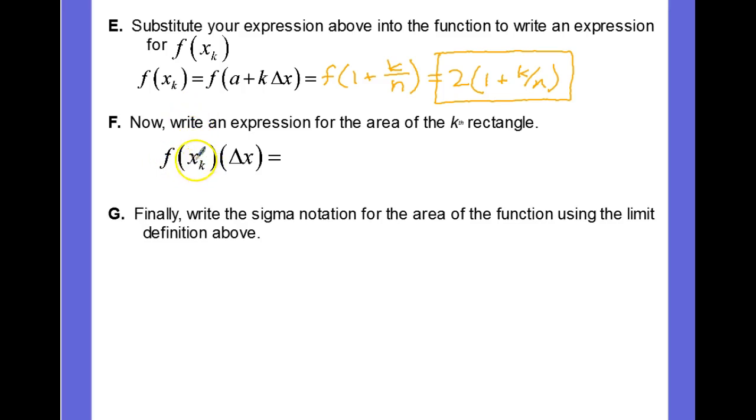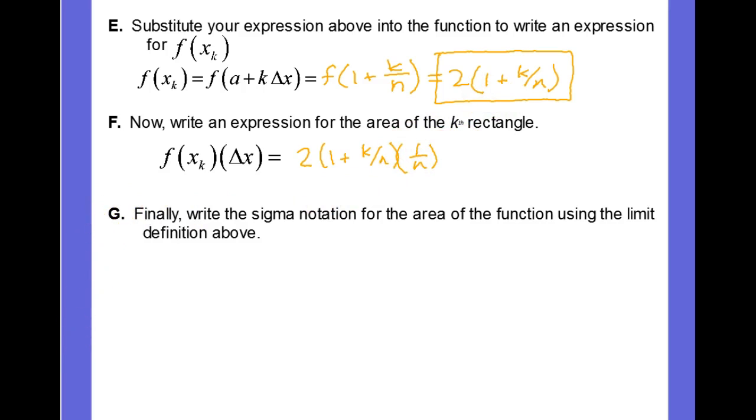So f of x sub k is the height of the rectangle, delta x is the width of the rectangle, and so we just found f of x sub k. That was 2 times 1 plus k over n, and we're going to multiply that by our delta x. And so remember that delta x was 1 over n. We did that in part C.